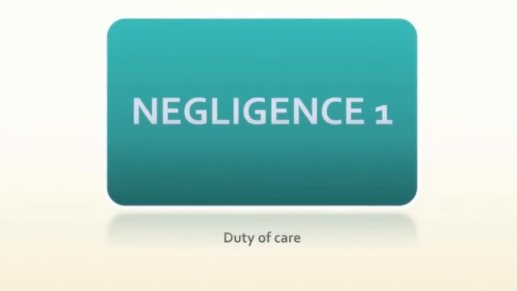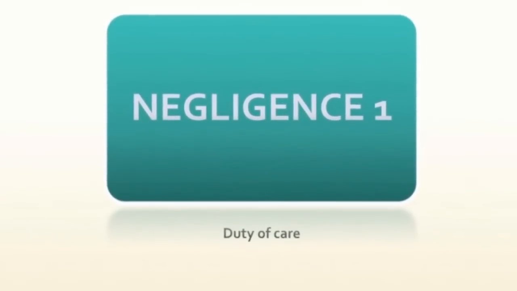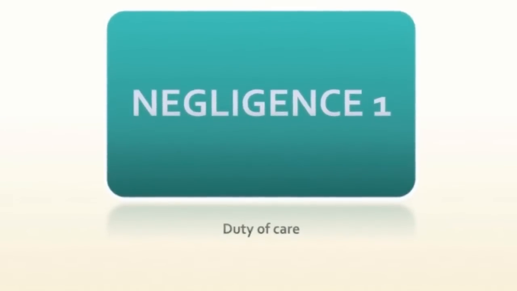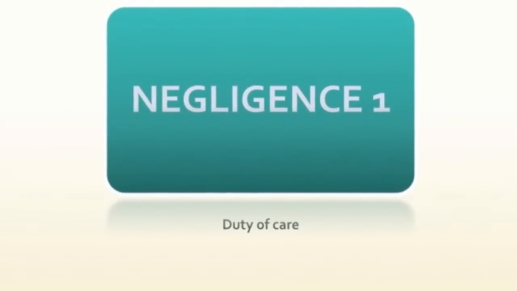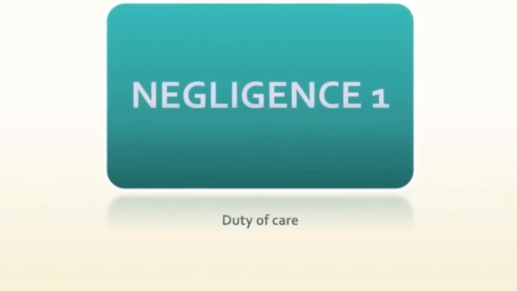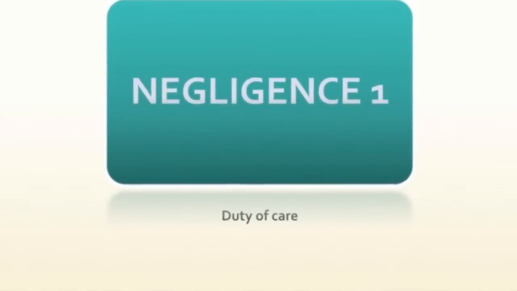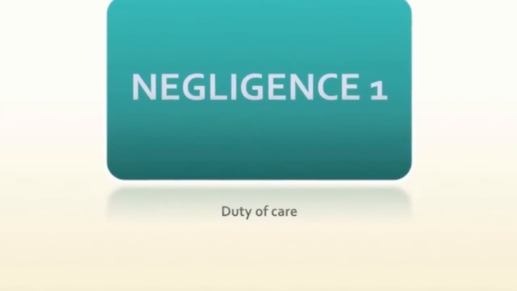By going into Moodle, you'll notice that this PowerPoint is there, it's negligence. If you go through the PowerPoint slides, you'll see a lot of the information that I have just referred to in the guidance notes.